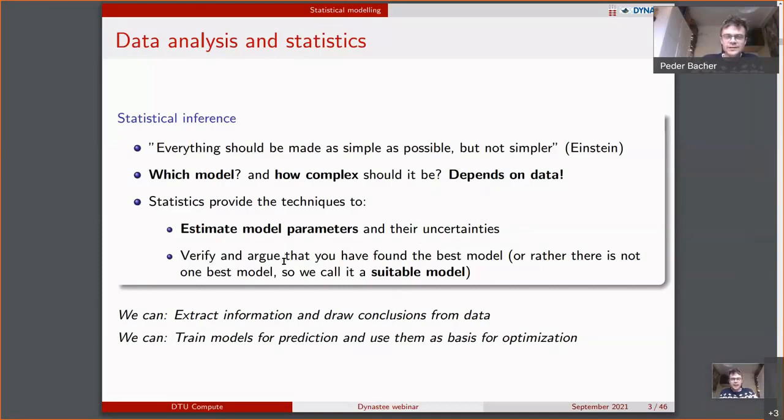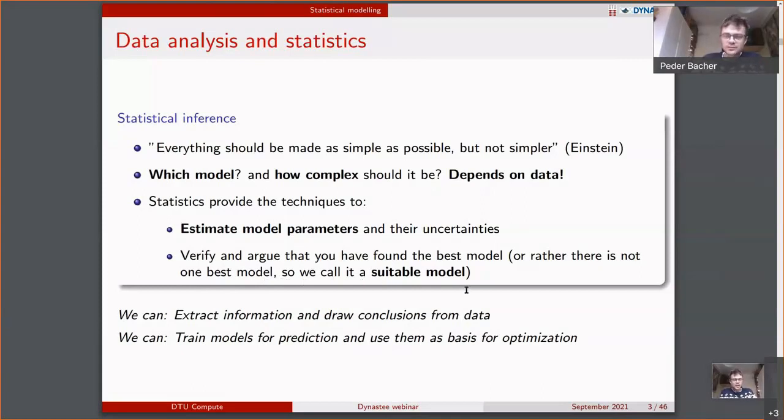The next thing that is really important is that we have techniques where we can calculate mathematically, you can say, and we have ways to verify and argue that we found the best model. Or rather, there is not one best model, we know that. But using these techniques we can find what we call a suitable model.